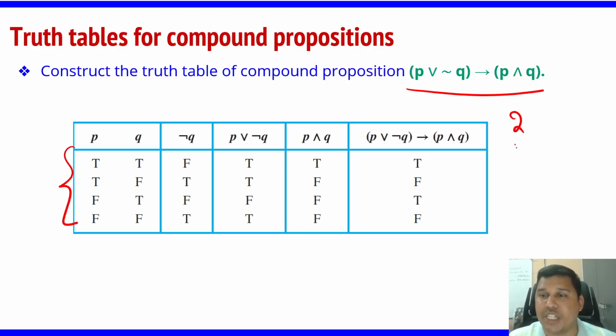How are we writing these different combinations? When you have two variables P and Q, the truth table combinations will be TT, TF, FT and FF. What if you have three variables P, Q, R?